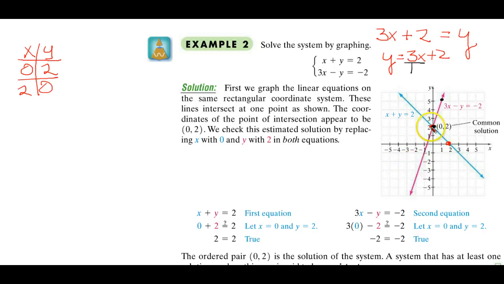And you see they intersect on the y-axis at the point 0, 2, which happens to be the y-intercept. So you're going to be using your graphing skills from chapter 3, and this is the first kind of problem other than seeing if an ordered pair is a solution for both.